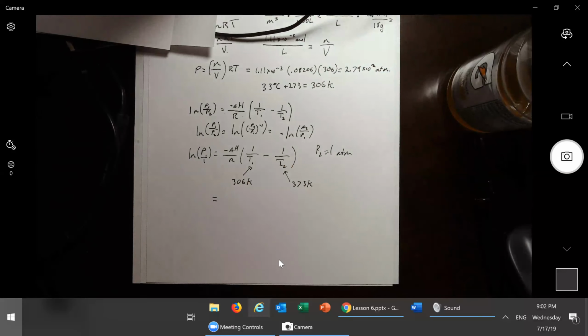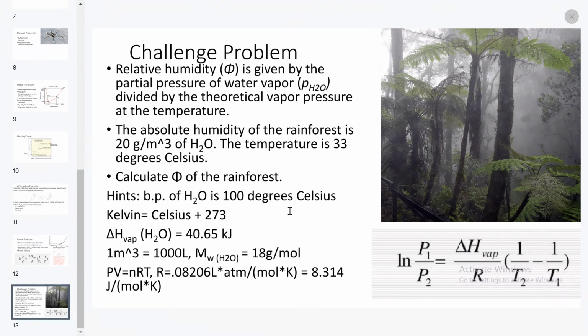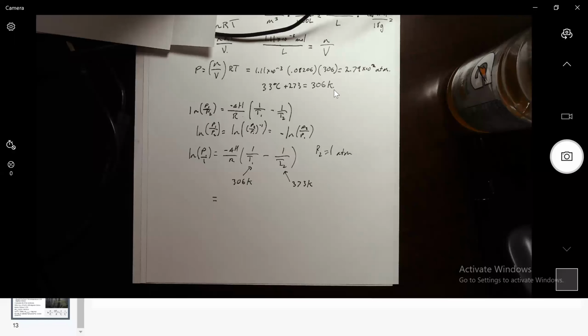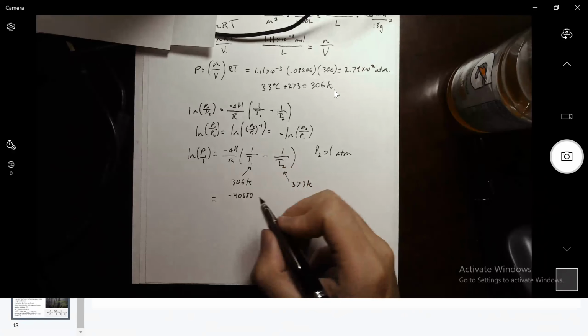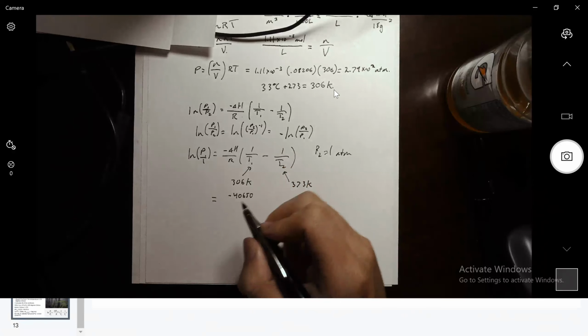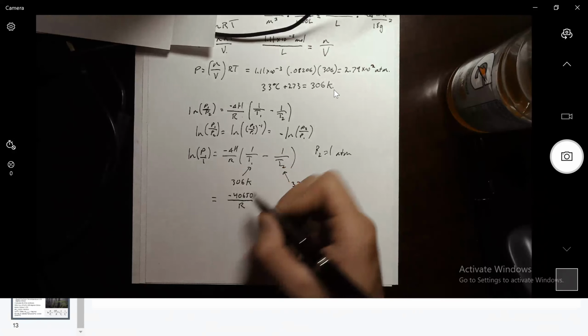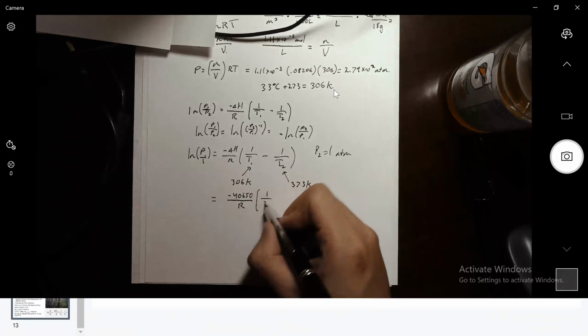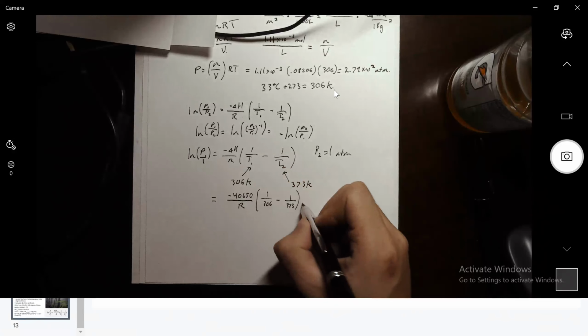Let me see. So 40.65 kilojoules. Okay. So it equals negative 40650. Remember, R is in joules, so we need to convert to joules. Divide by 1 over 306 minus 1 over 373. Let's see what this equals.